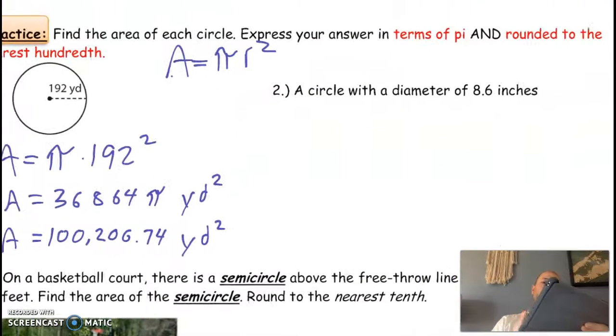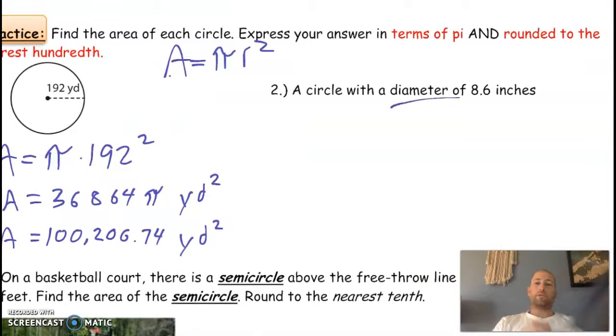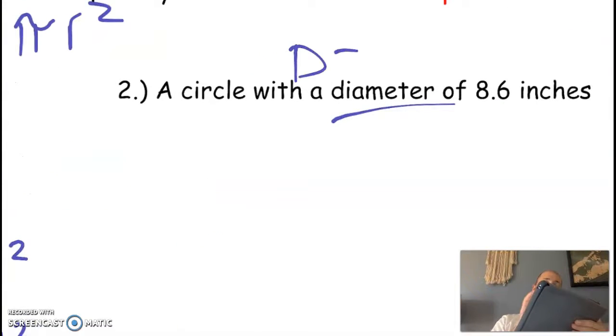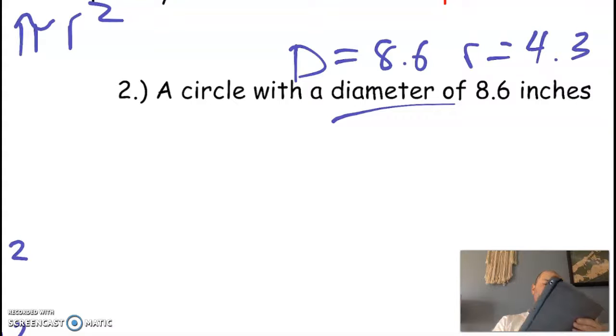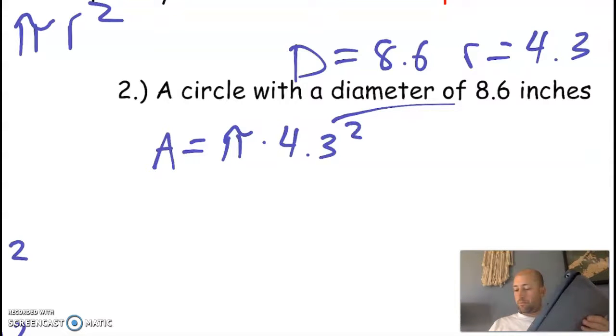All right. A circle with diameter. Watch out for diameter. Figure that one out now. So if our diameter is 8.6, our radius is half of that, or 4.3. Area equals pi times 4.3 squared. So 4.3 squared is approximately 18.49.